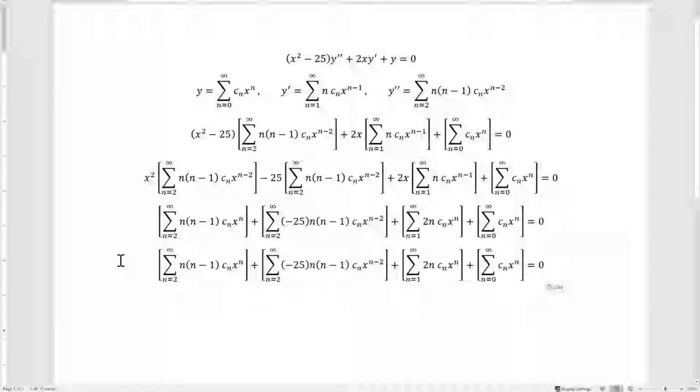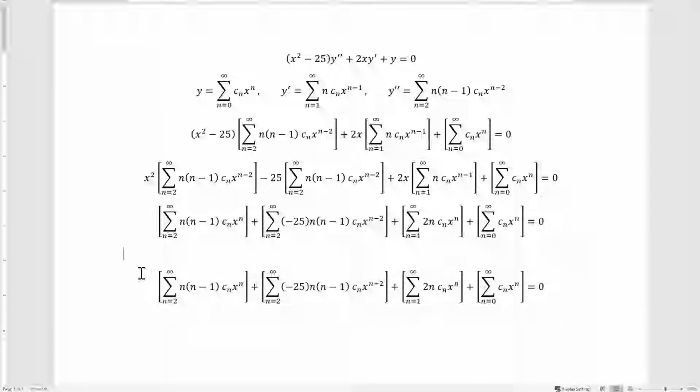If you want to make a little note for yourself, we are letting k equal n minus 2, or I think that should be n equals k plus 2.